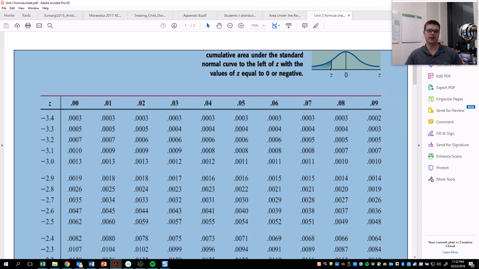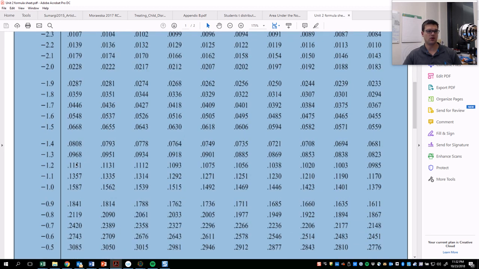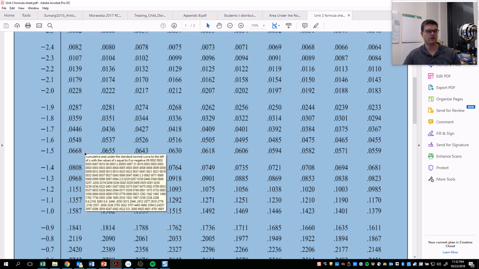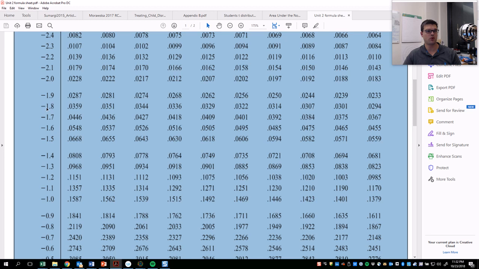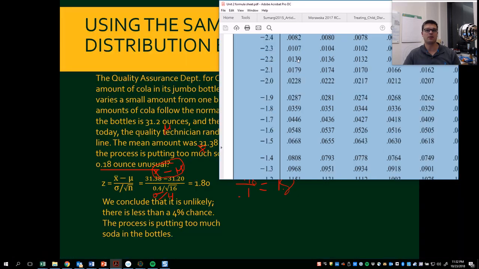The negative is anything less than, and what's in the middle is the probability of whatever's in the middle. So for 1.8, 0.0359 is the probability of anyone having a value greater than 1.8 standard deviations from the mean.